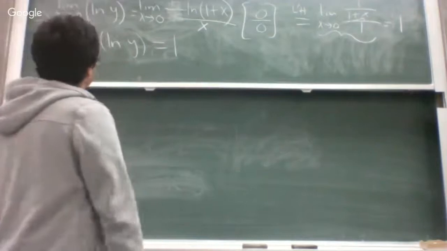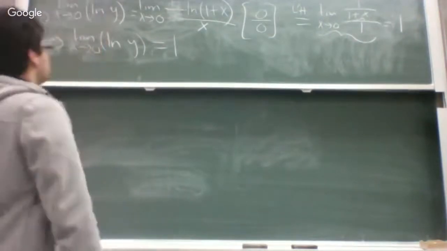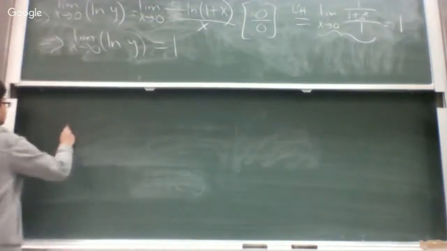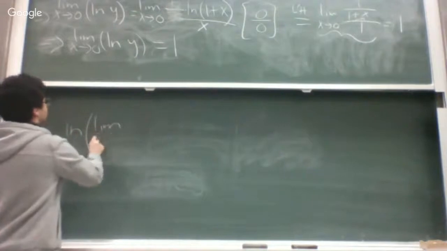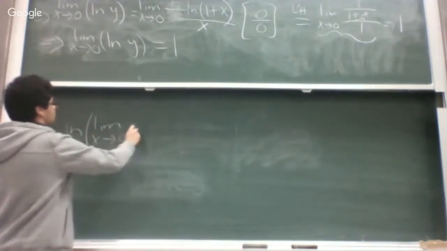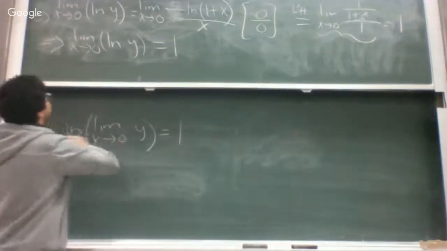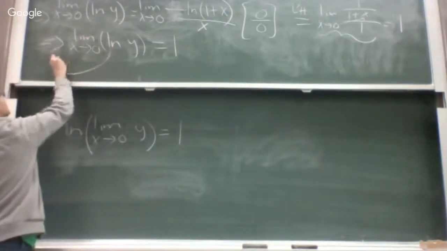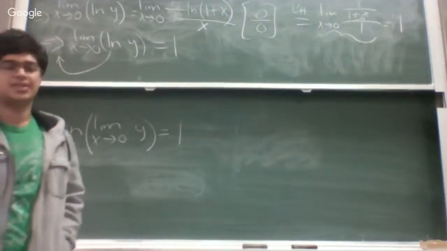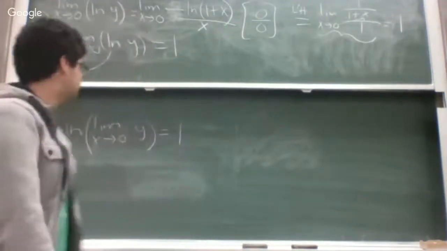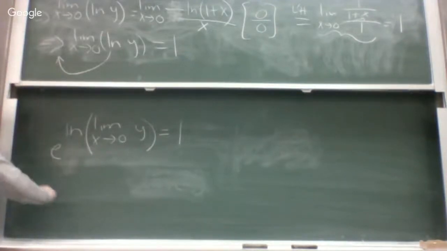One thing we can do with that is take the natural log of the limit as x approaches 0 of y, and set that equal to 1. So essentially we took the natural log out. If we do that, we can put everything to the e power.